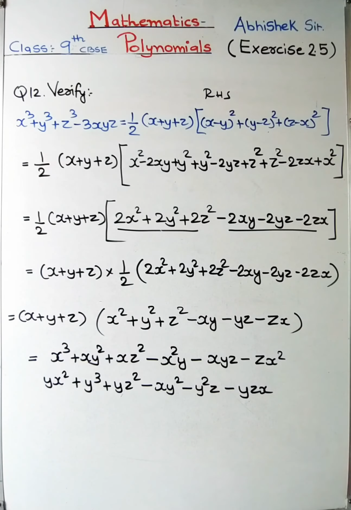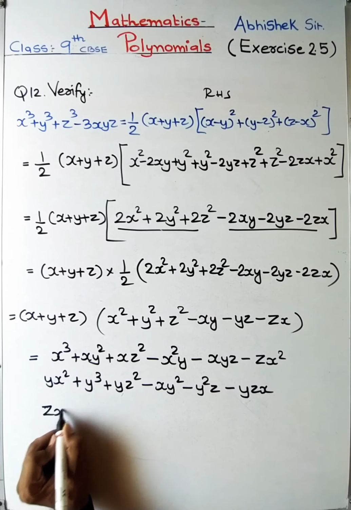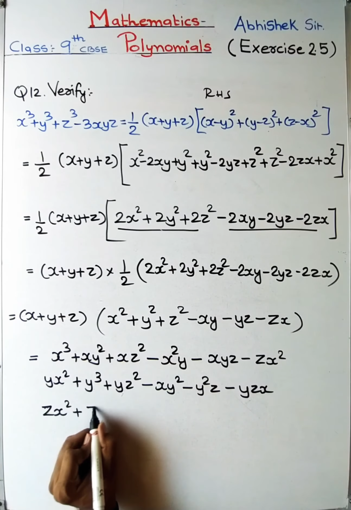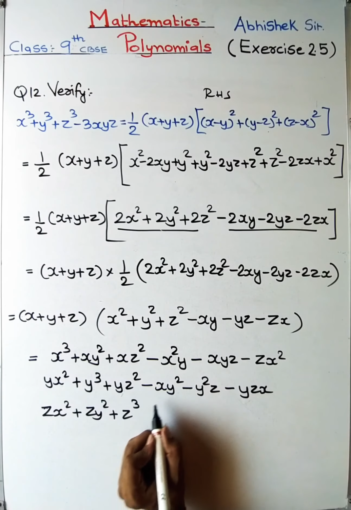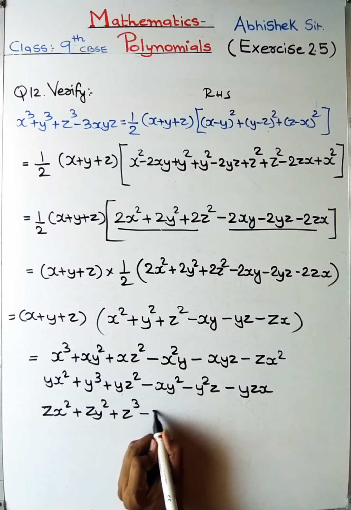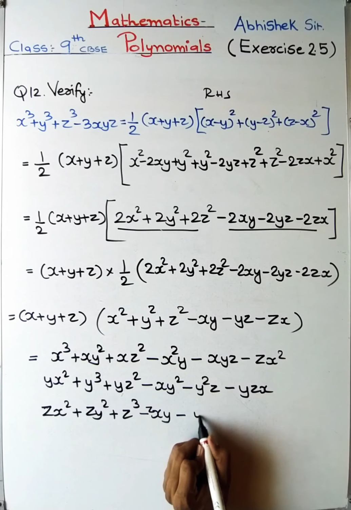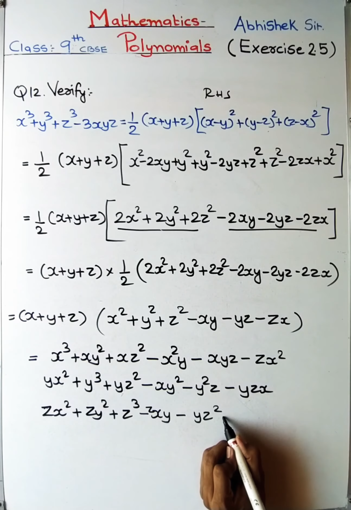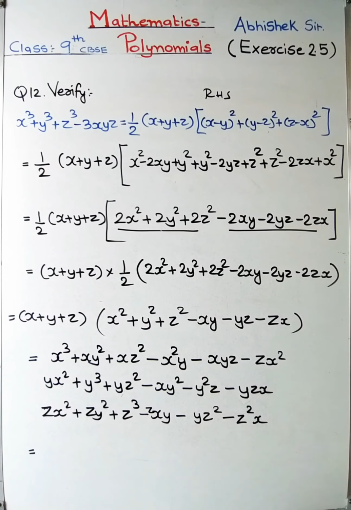Same way let us go for the z term. So first of all it will be zx square, then zy square, then z cube, then we have minus zxy, minus yz square and minus z square x. So ultimately we have 18 different terms, out of which few terms will be cancelled.